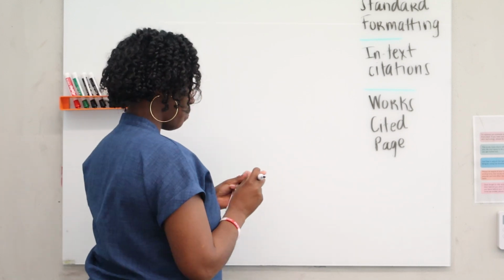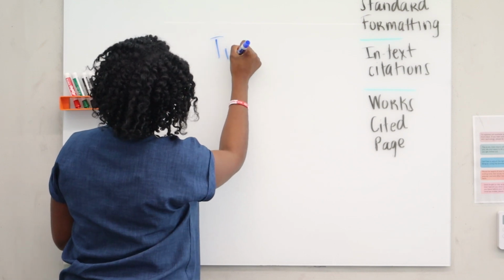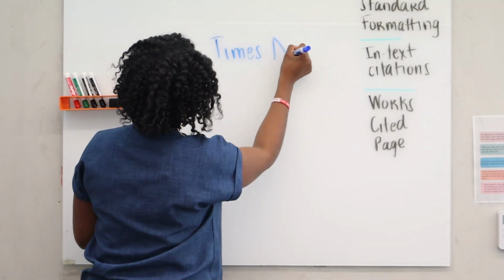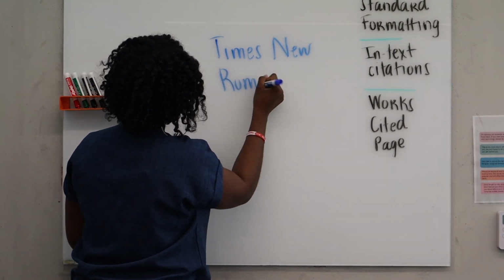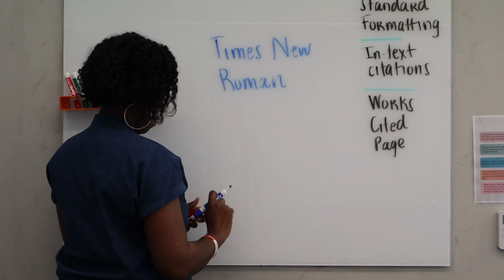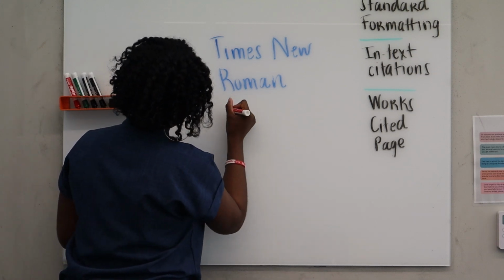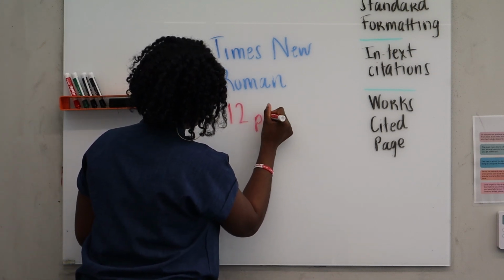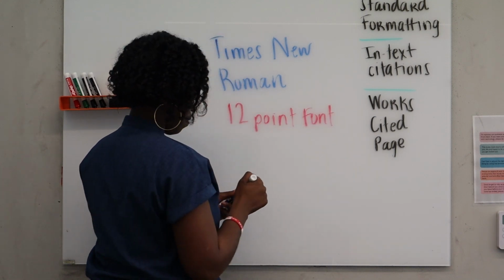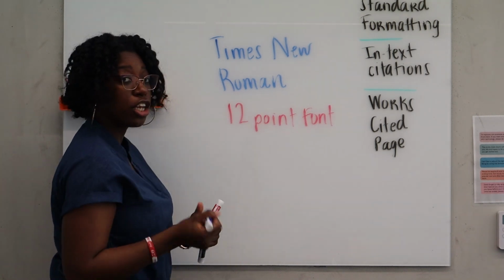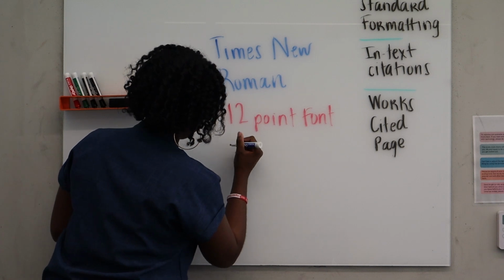For MLA format, you want to make sure that you're always writing in Times New Roman font, 12-point font, and your paper should always be double spaced unless stated otherwise.